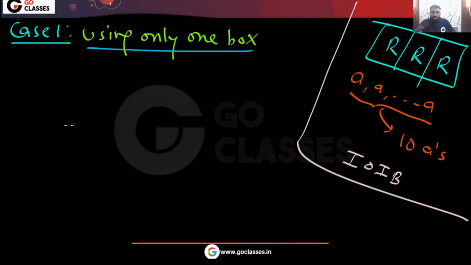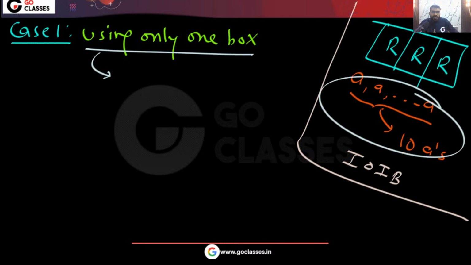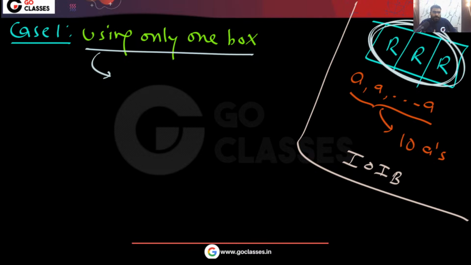All the objects I will put in that box. So there is only one way, because all the objects are same, all the boxes are same. You don't have to decide which box to choose, because all the boxes are already same. So if you use only one box, there will be only one way.